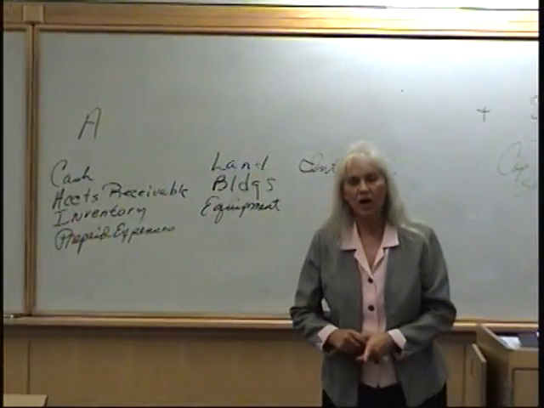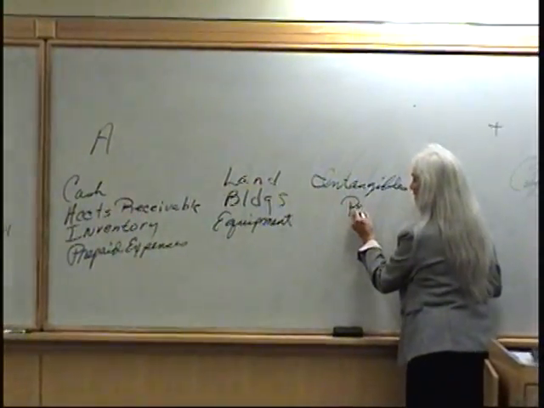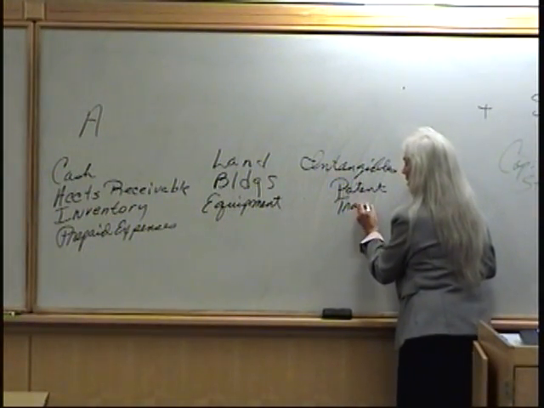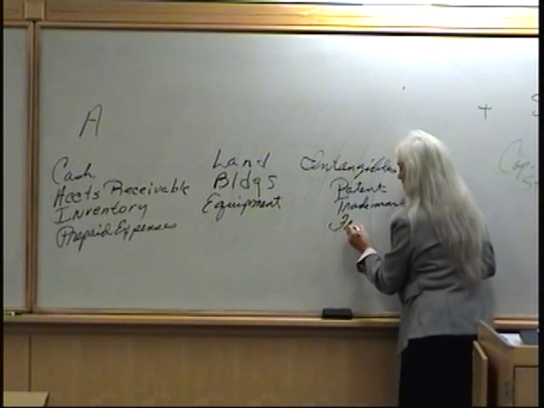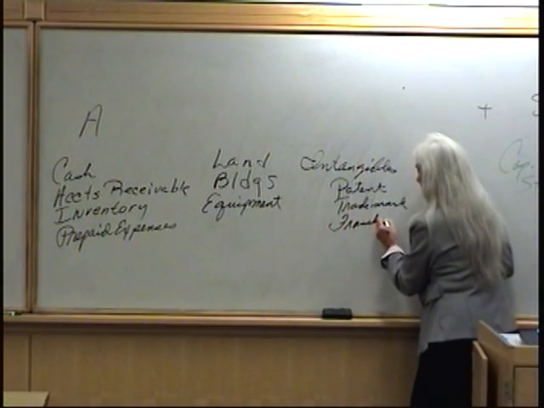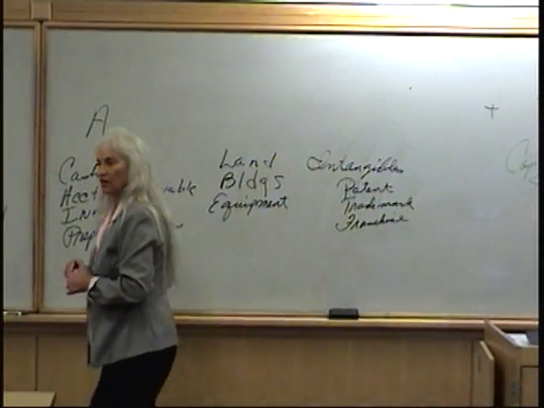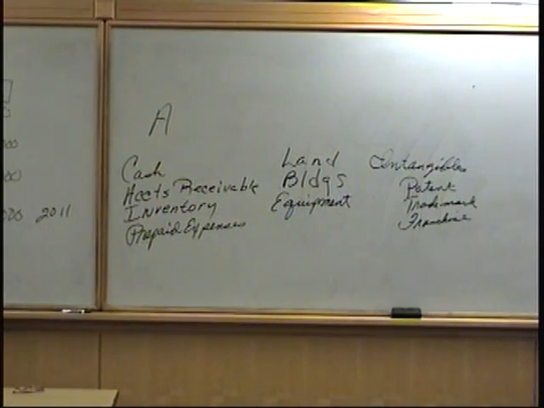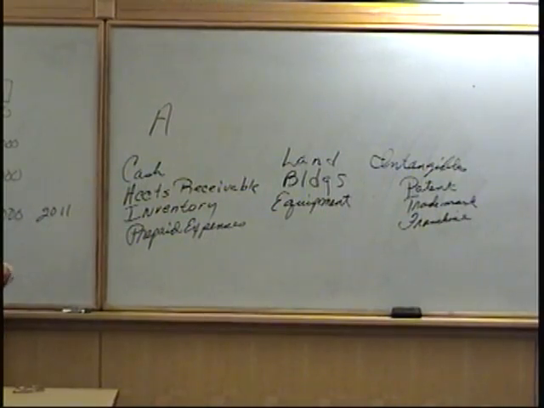So a couple of intangibles might be a patent, a trademark, a franchise. So these are like paper assets. They're in the assets section of the balance sheet, but it's more a piece of paper. It's not like cash that you can touch or inventory that you can touch.